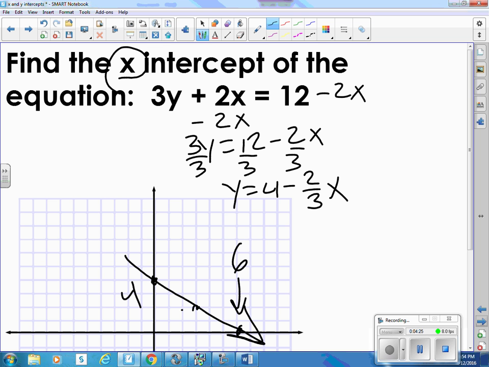X-intercept of 6. Well, if I were to write this point right here as a coordinate, I would say over 0 up 4. If I were to write this point as a coordinate, I would say over 6 up 0.